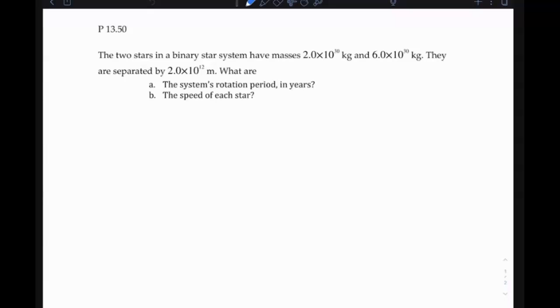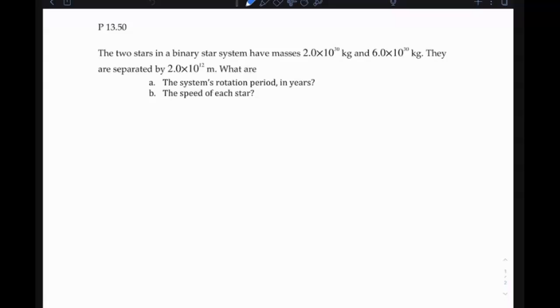So let's draw this two-star system. These two stars are rotating about their center of mass, the center of mass of the system, because there's no external force on the system.